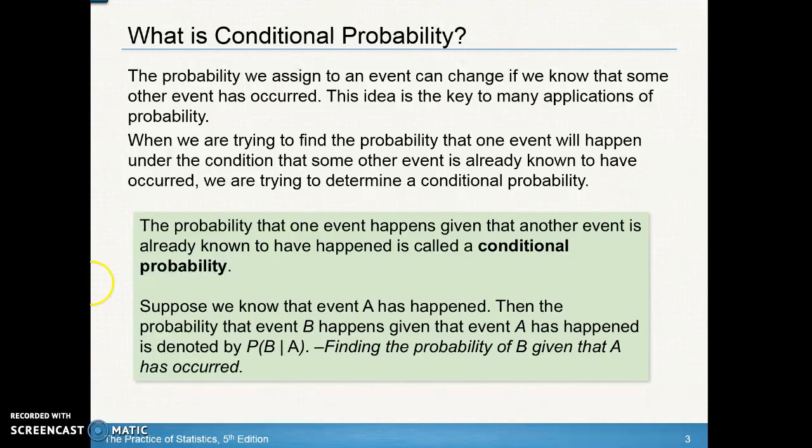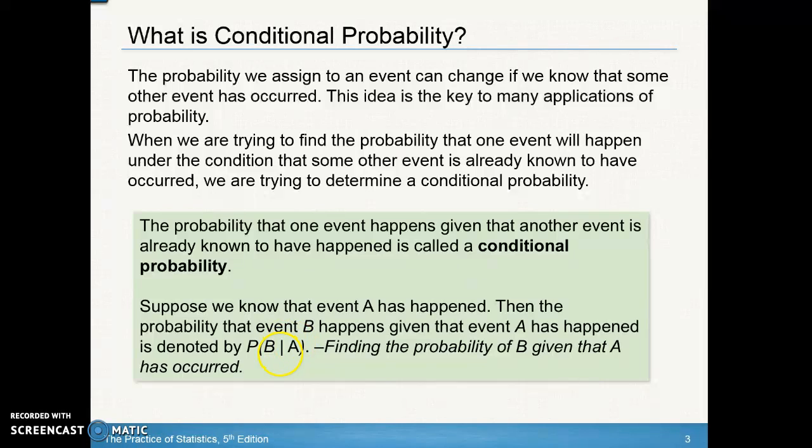That's conditional probability. So suppose we know that event A has happened. So suppose we know that they are a high school graduate. Then find the probability that event B happens, that they're a homeowner, given knowing that they're a high school graduate. So the probability that event B happens given that A has happened is denoted by P(B|A), probability of B given A. The slash mark means given A. So this is saying that A has already occurred.